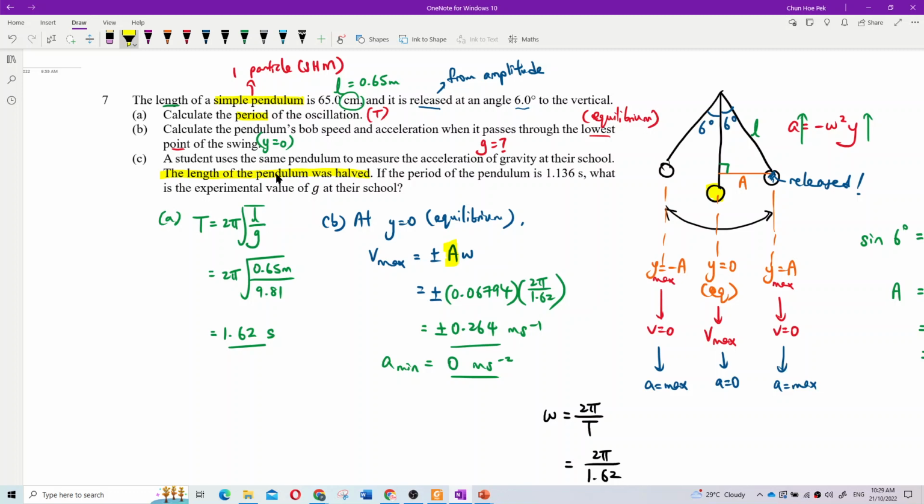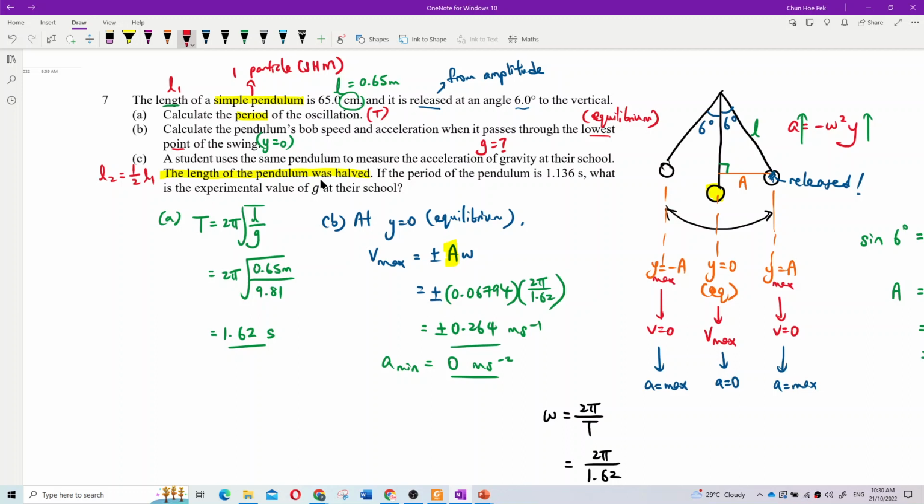So that means it's comparing two situations. You have length 1 and length 2. It gives you this as length 1, and now you have length 2, which is half of length 1.